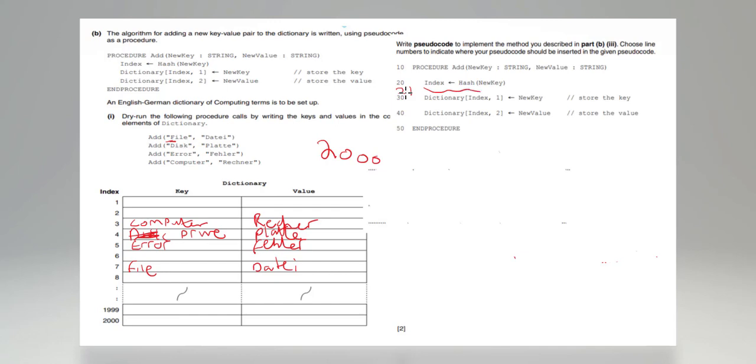And what I'm going to put here is while dictionary index, which is hash, so whatever they type in, 1, which is going to be the key.